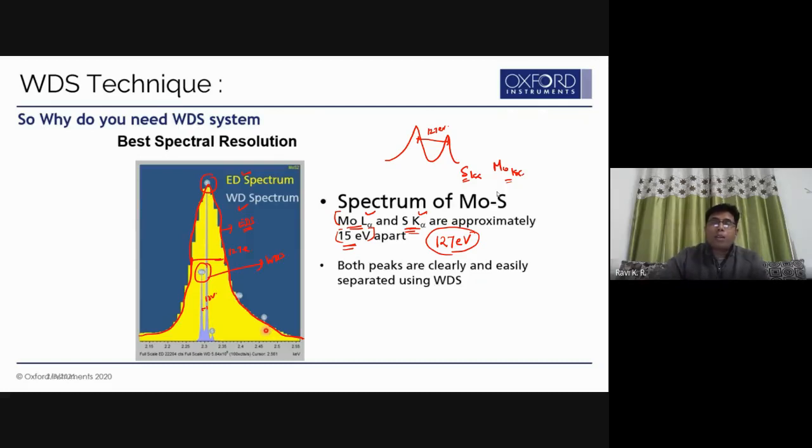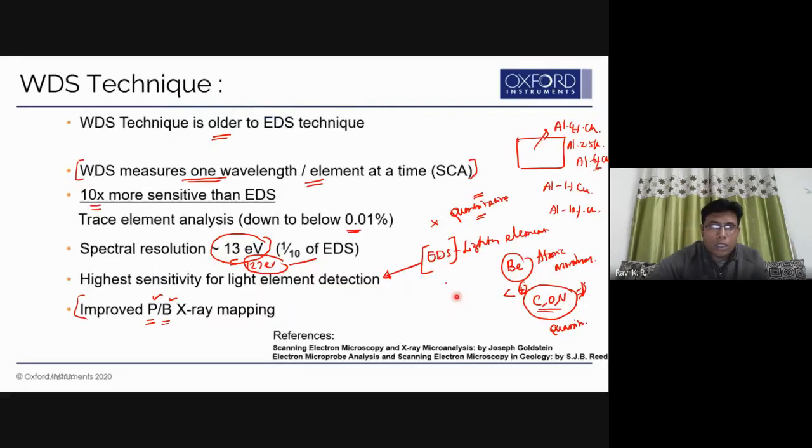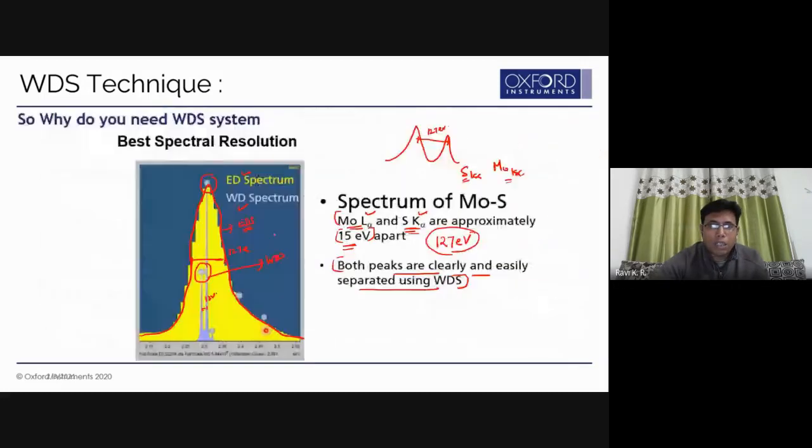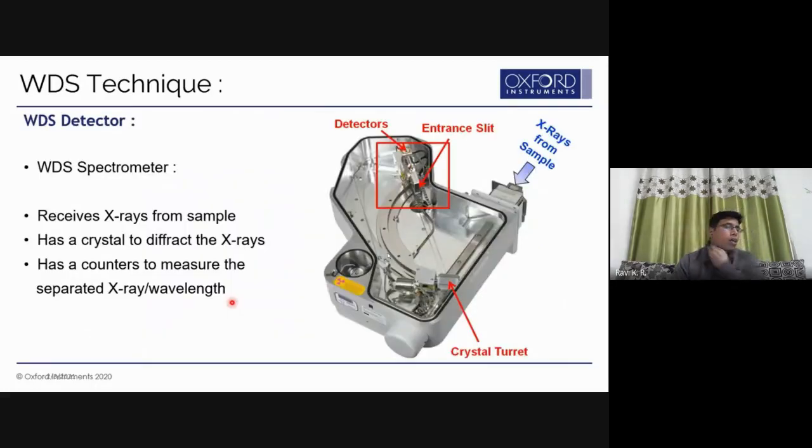Both peaks are clearly and easily separated using WDS, because your resolution is, you look at here, 13 eV. And you have a 15 eV difference, and that means you can easily see that particular difference in the peak. That is what we are talking about.